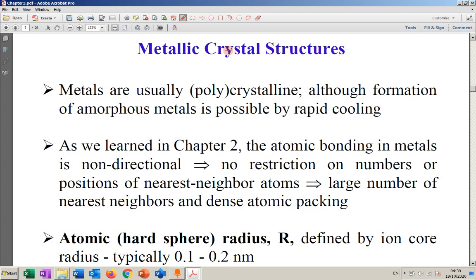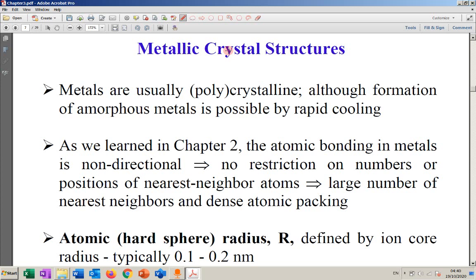However, there are some ceramics that also have crystal structures. Sometimes polymers have crystal, but most of the time polymers are non-crystal structure. Ceramics have crystal and non-crystal, but all the metals have crystal structure.